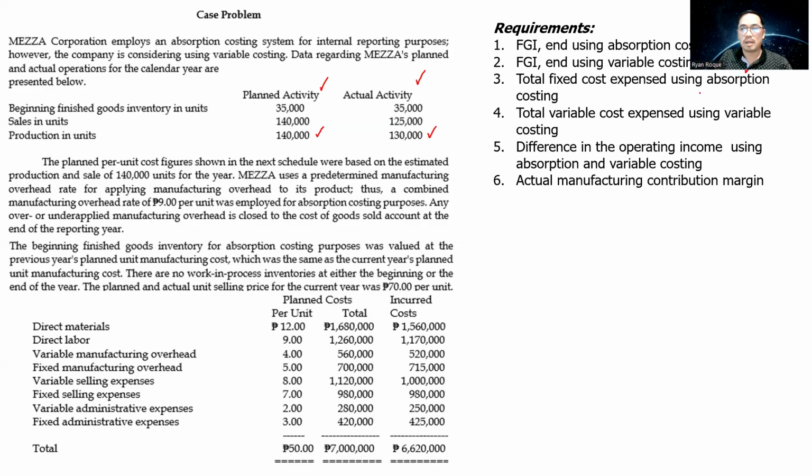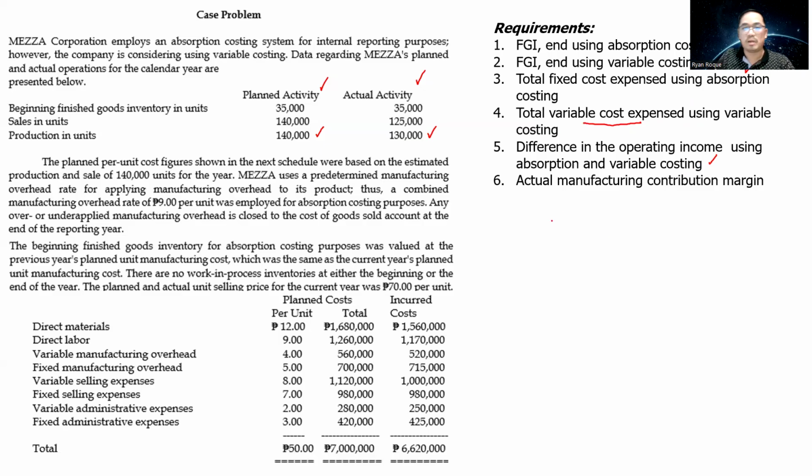Would there be a difference if we make use of the variable costing method? And then the next one, how much is the total variable expense using the variable costing method? And then for number 5, the difference in the operating income using absorption and variable costing methods. Again, no matter how long the problem is, the difference lies only in the change in the inventory times the FOH per unit.